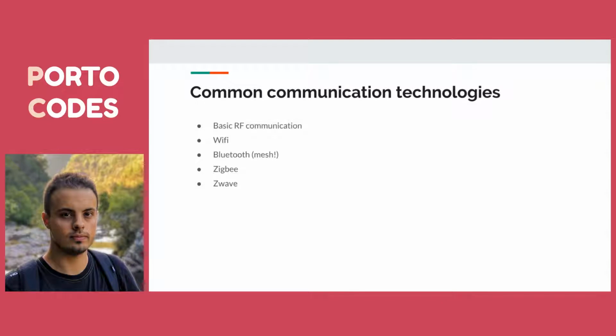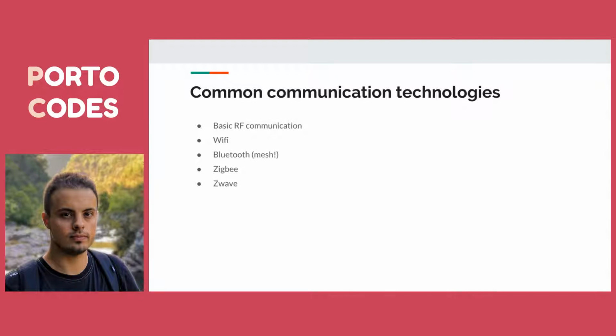So just some concepts. The basic idea of communication is the one that I talked about at the beginning. The one thing sends, the other listens. If this doesn't hear this guy, this doesn't care. So Wi-Fi, we all know Wi-Fi, but there are starting to appear more and more home automation devices that use Wi-Fi, which if you have one or two are fine.